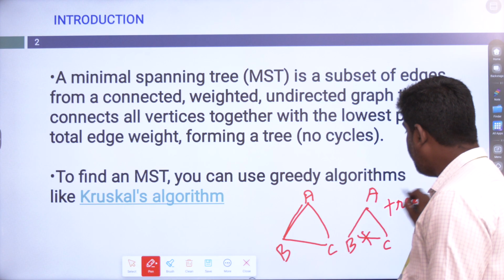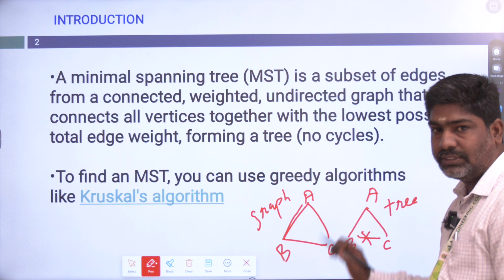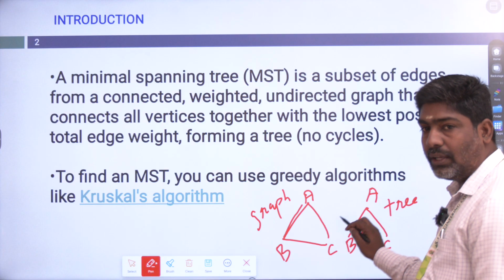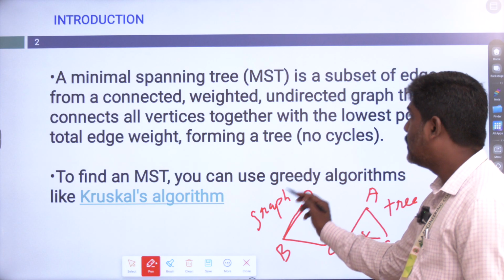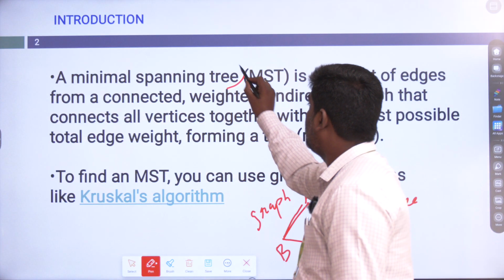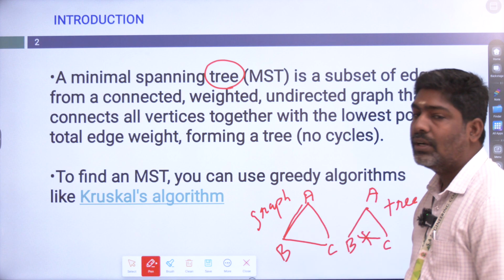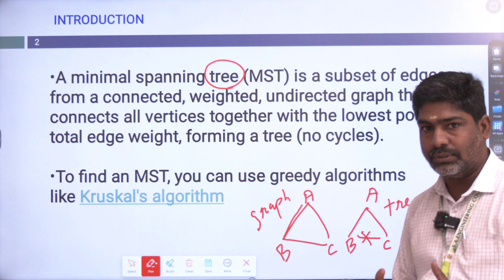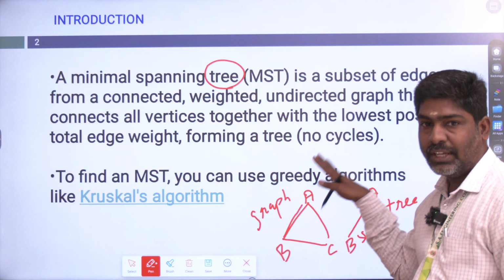This is called a tree and this is called a graph. This is the main difference between graph and tree. From the tree concept we extend to a graph concept, so the name is minimum spanning tree. The only difference is that in a graph we make a cycle formation, so it is called a graph. So this is the introduction.